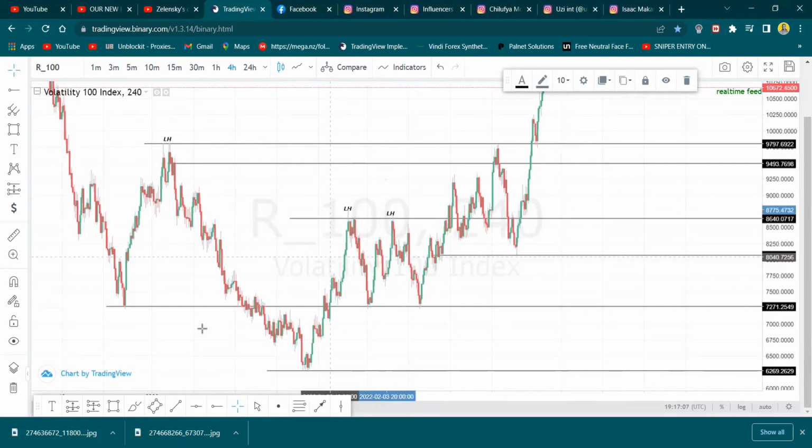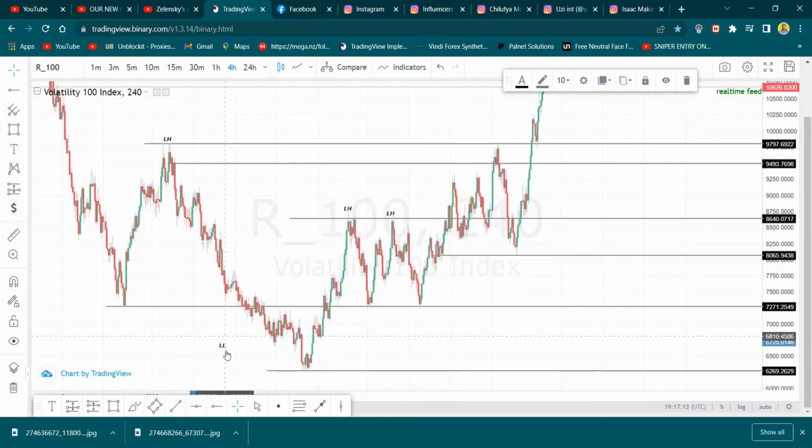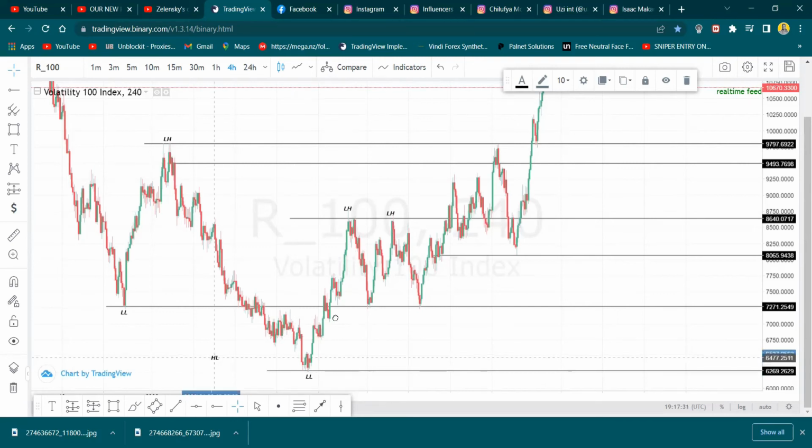Then now there's a bunch of lower lows down here. There's this lower low here, and another lower low here. Then instead of price closing above, it created a new higher low, which is here.